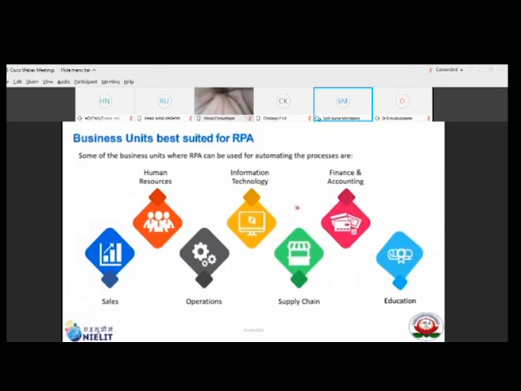So best suited, there are sales, human resources. Also, I think this is one area where we could see a potential use case, and that is for filtering resumes, for looking at employee satisfaction, and for identifying any kind of initiatives which should be planned for human resources or stuff like that.